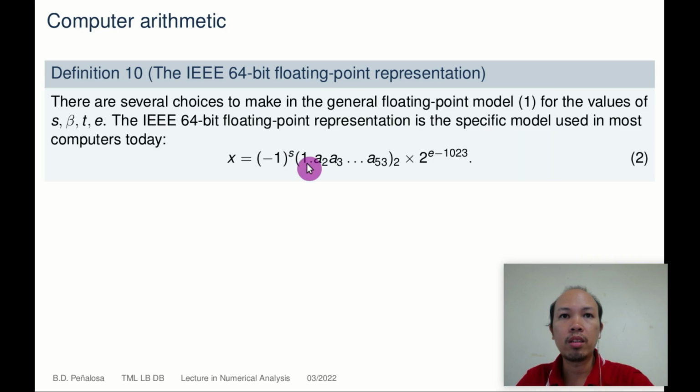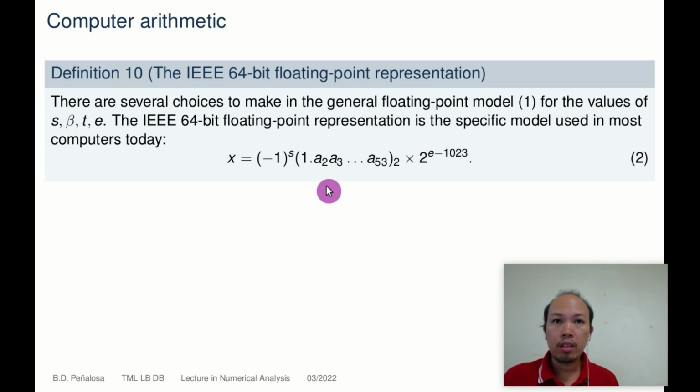So we have our a sub 1 now equal to 1, and the quantity of negative 1 raised to the power of s represents the positive number and the negative number. So if s is 0, we have a positive number, and if s is 1, then we have a negative number. So why do we have to represent a given number into this form?